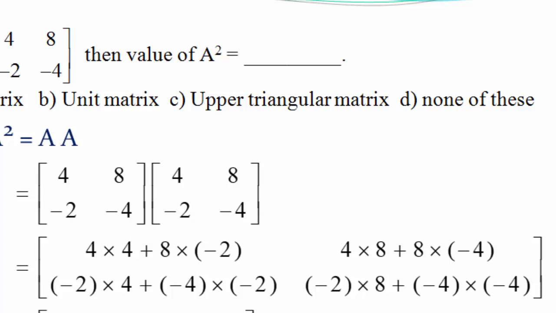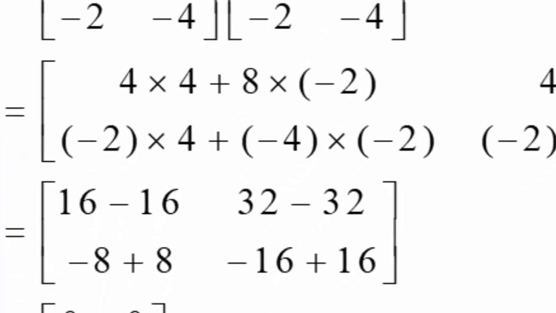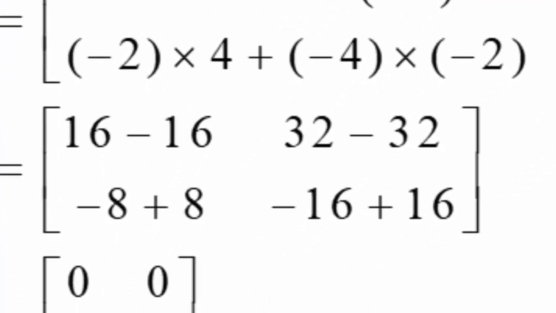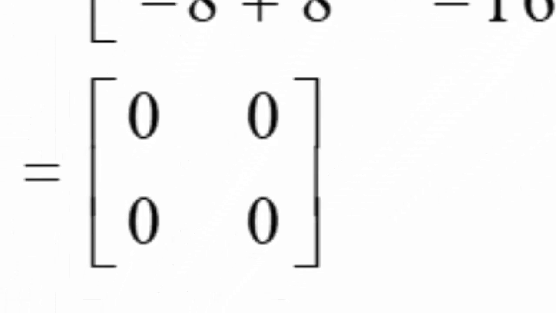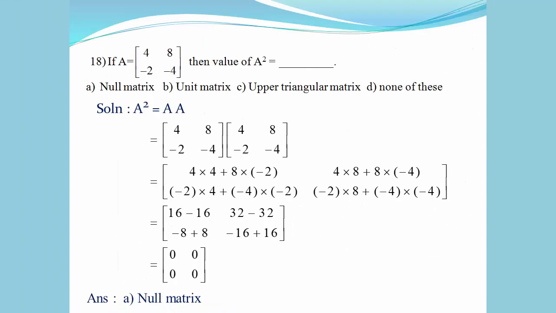So, we get -2 into 4 plus -4 into -2, and -2 into 8 plus -4 into -4. So, your answer is the matrix [16-16, 32-32; -8+8, -16+16]. So, the resultant matrix is a zero matrix of order 2 by 2. Therefore, option A, null matrix, is right.